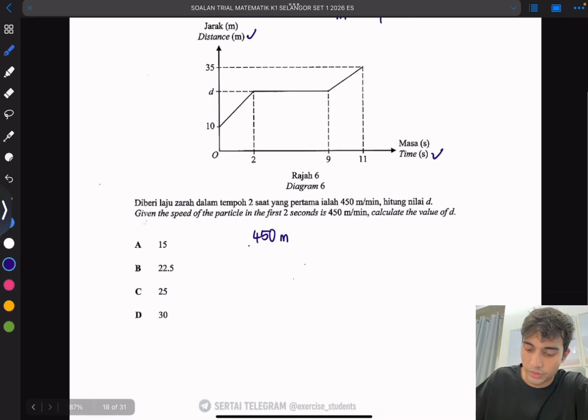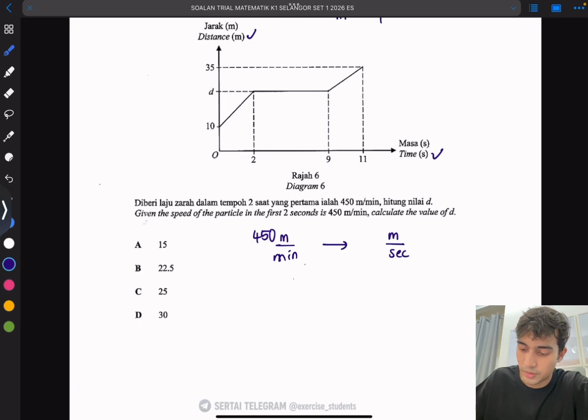So 450 meters per minute. I'll write like this, meters per minute. You want to convert to meters per second. So meters is still meters, no need to convert anything. Minutes, you want to convert to seconds, must times 60. So 450 times 1 divide by 60.